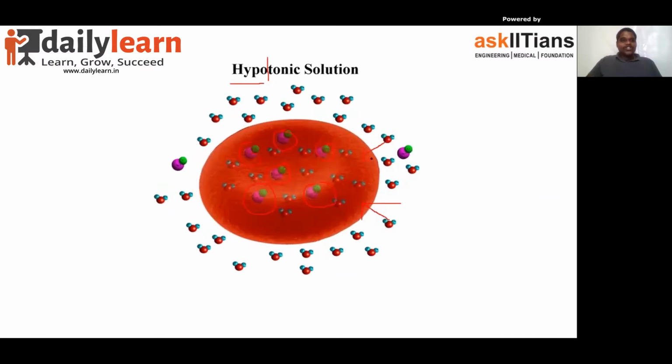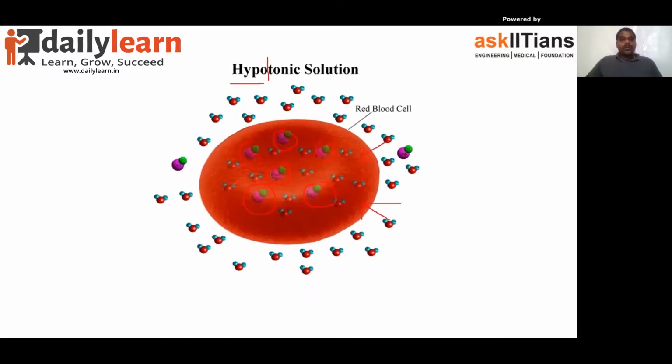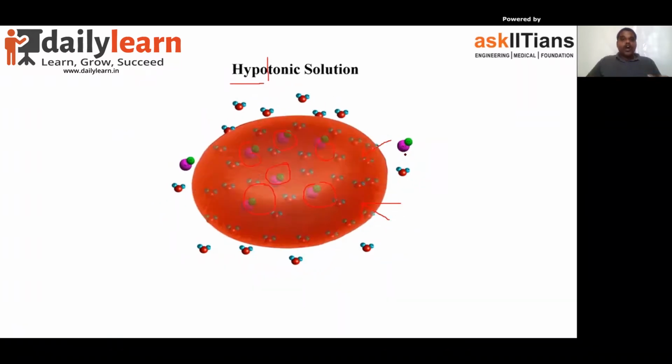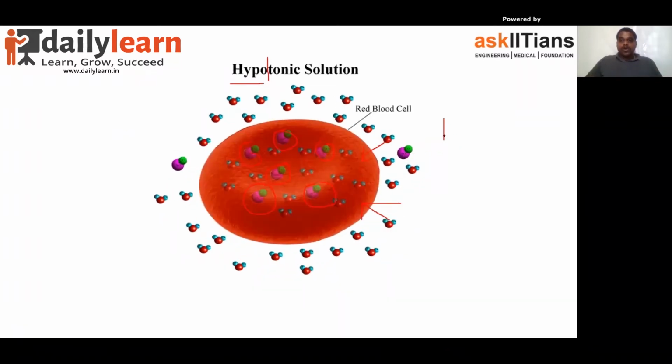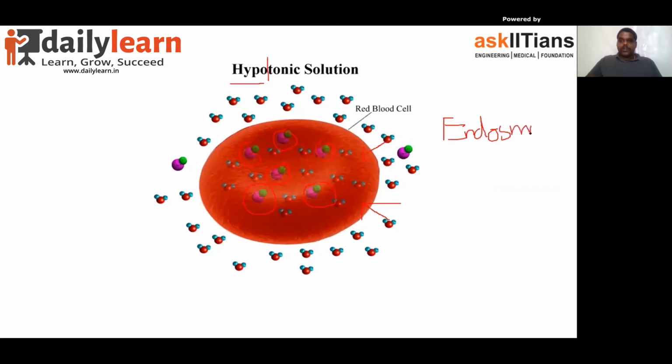This causes the cell to swell up and then burst open. This process of movement of water from the external solution into the cell because of a hypotonic solution is called endosmosis.